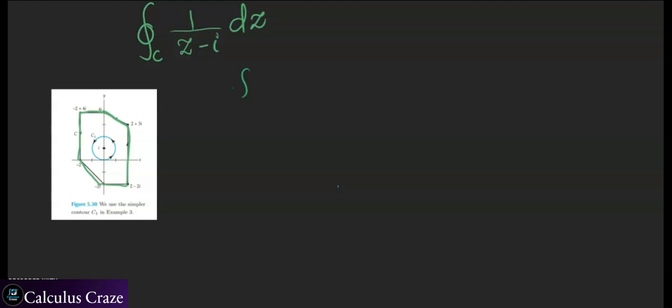So my function is f of z equal to 1 over z minus iota, and in order to see such type of functions, we set the denominator equal to 0, and from there we see that z is iota. So when z is iota, our function is not analytic.